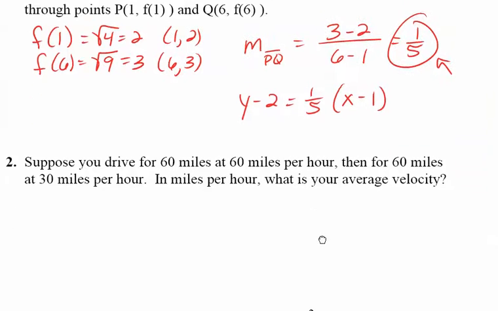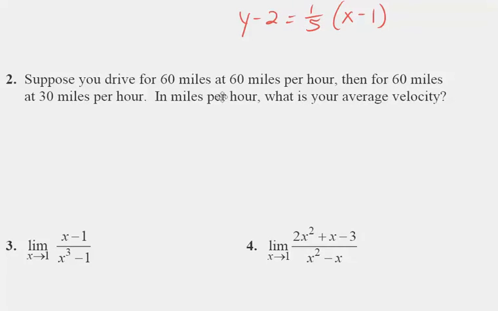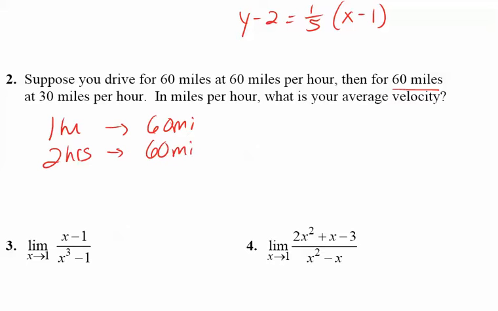Number 2, we drive 60 miles at 60 miles an hour, so that would take us 1 hour to travel 60 miles. And then we're going to travel 60 miles at 30 miles an hour, so that would take us 2 hours to travel the next 60 miles.